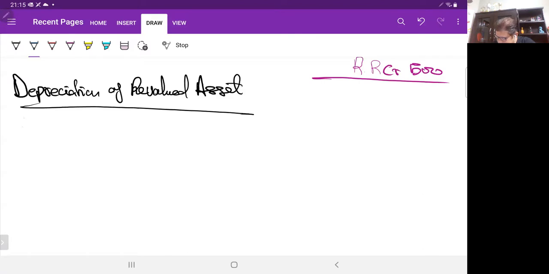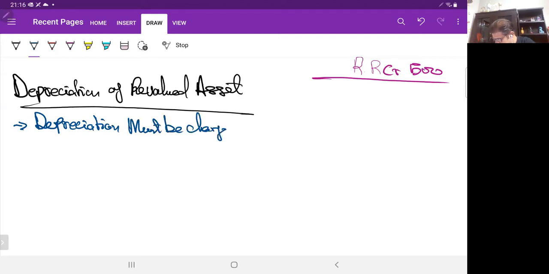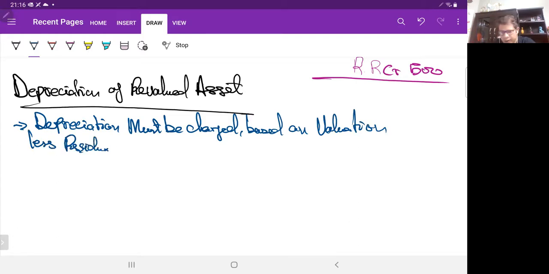Okay, so depreciation must be charged based on valuation less residual value over remaining useful life.